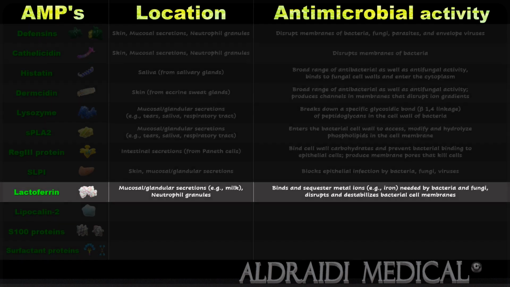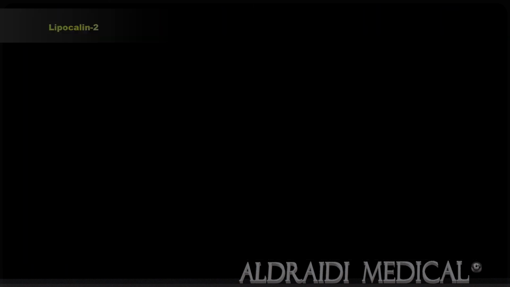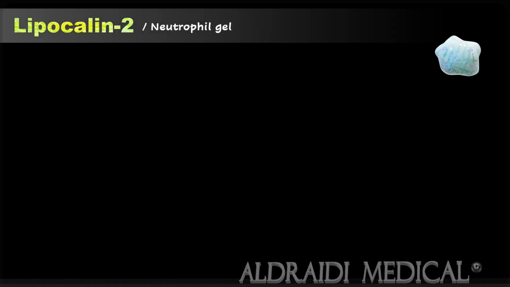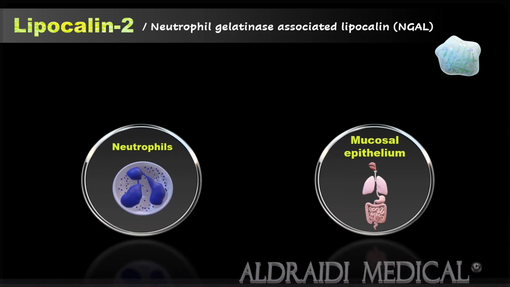Next, we have the antimicrobial protein Lipocalin-2. Lipocalin-2 may also be referred to as neutrophil gelatinase-associated lipocalin and is produced in abundance by neutrophils and mucosal epithelial cells.